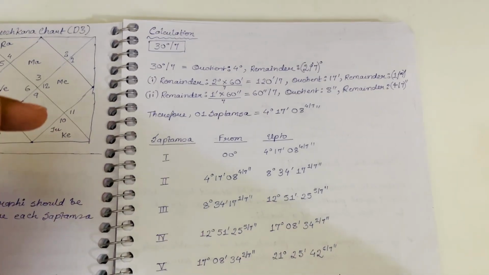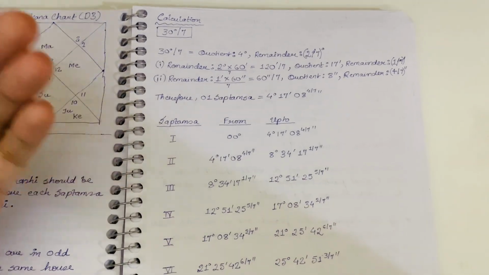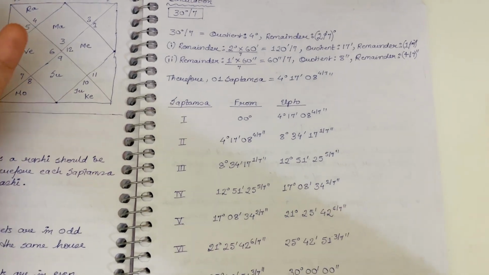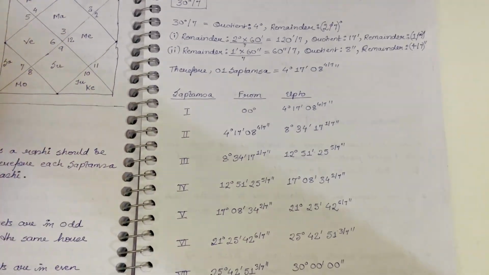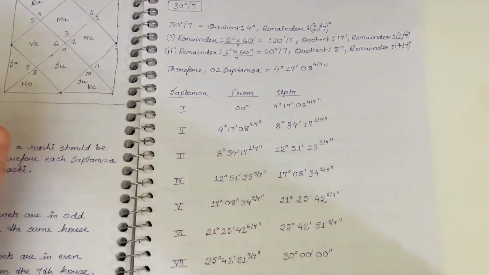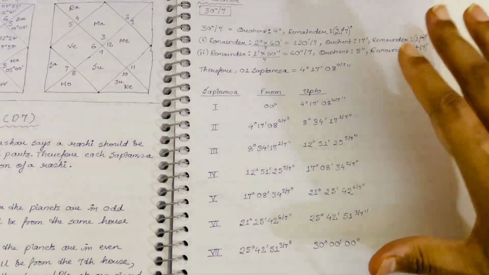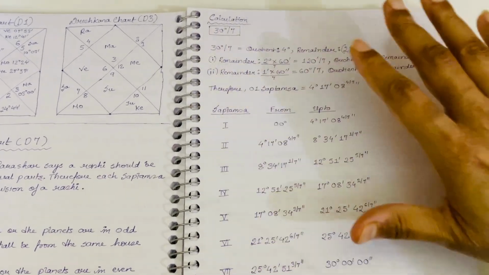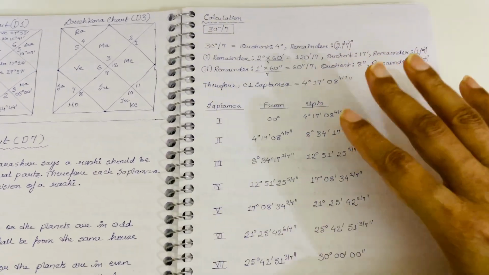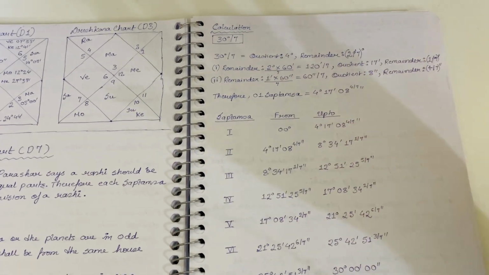That will depend on the requirements that come to me, which I will understand by reading the comment section. Anyways, to create the Saptamsa chart, you don't have to go into much explanation of this. You just have to remember this particular thing.